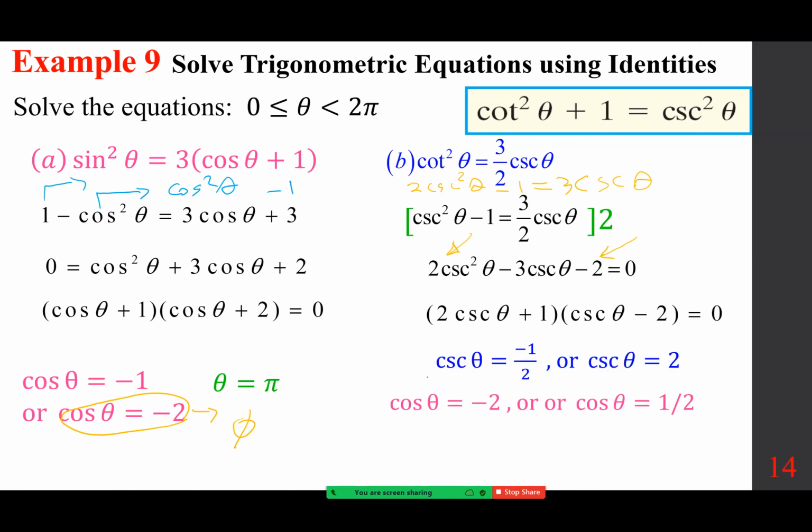Oh, I thought I did put sine here. I'm going to fix it in a moment. So this has no solutions because sine, just like cosine, goes between negative 1 and 1. And sine is 1/2 at pi over 6 in the first quadrant. Pi minus pi over 6 means 5 pi over 6 in the second quadrant.